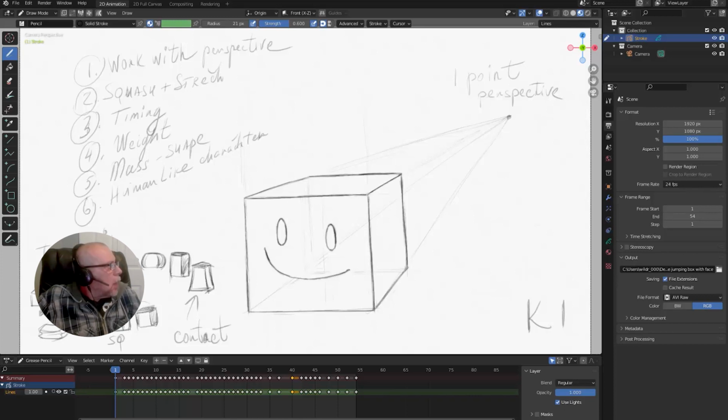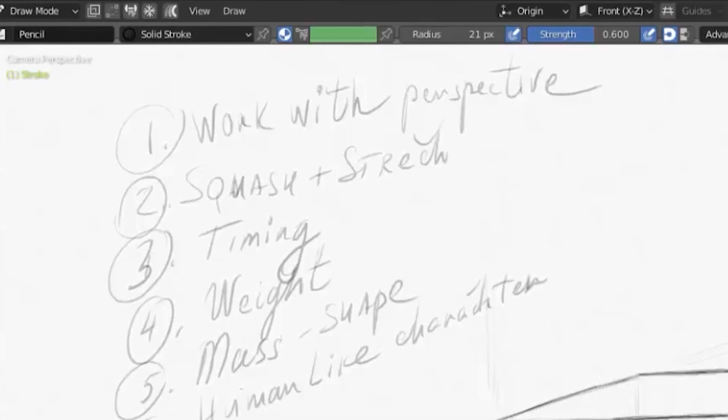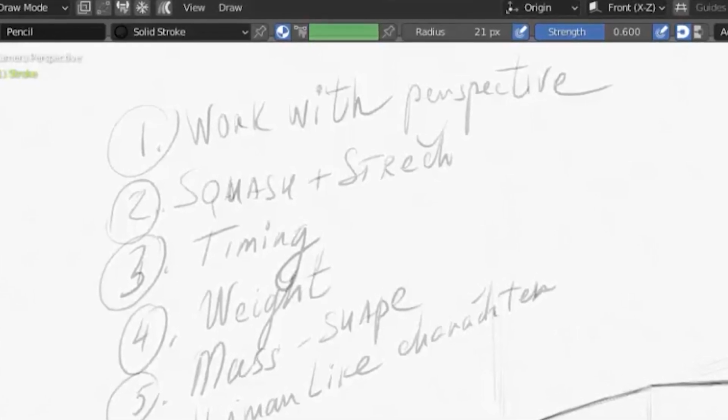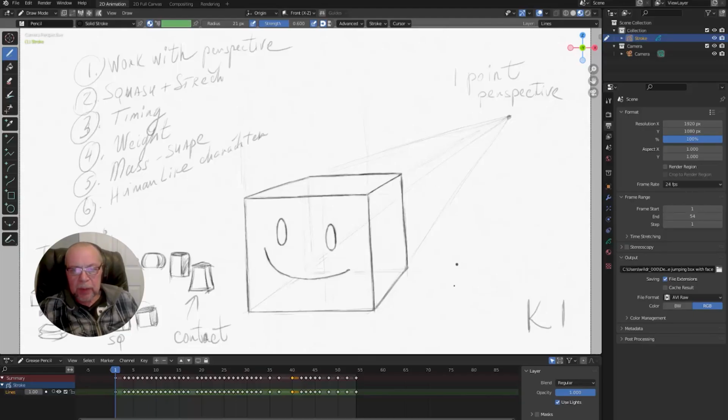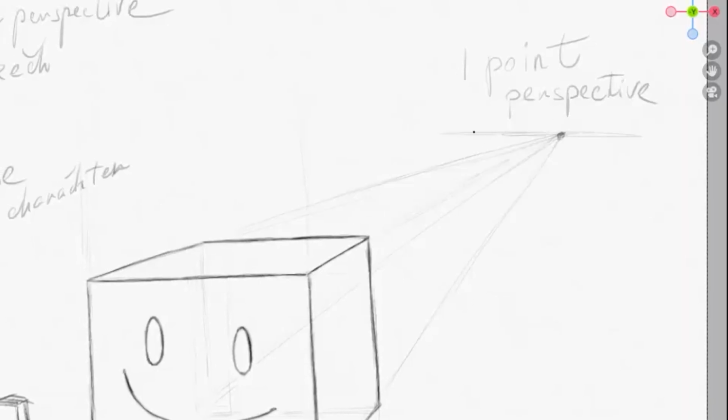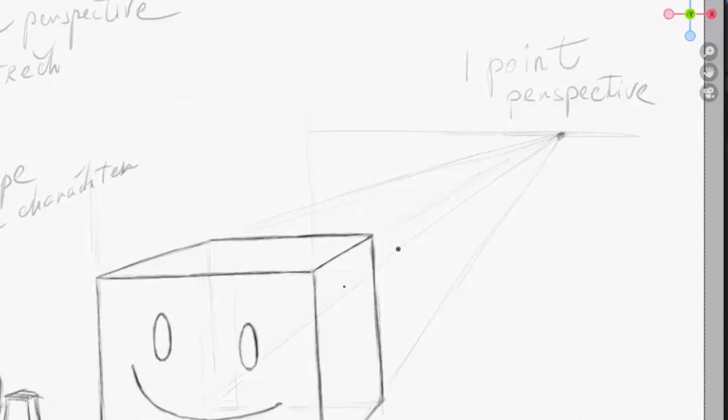Number two, it's about how you start this one. You have to work with perspective. You see here, first work with perspective. It's very important. It's a 1 point perspective. You put 1 point like a horizon here. See, it's a horizon, right? From 1 point you build everything.